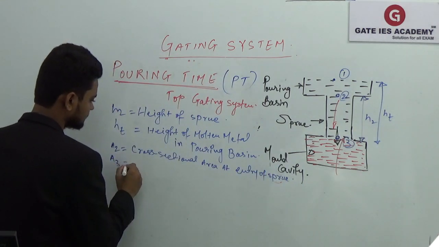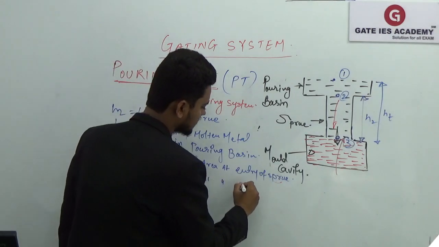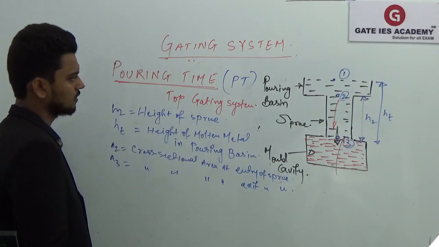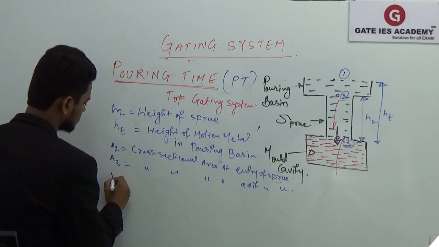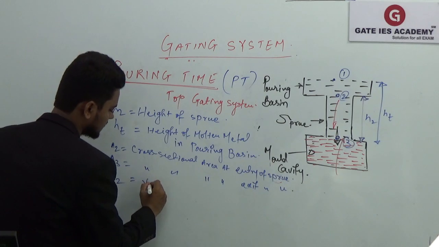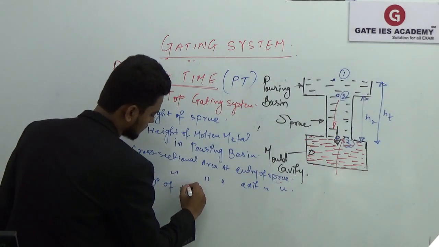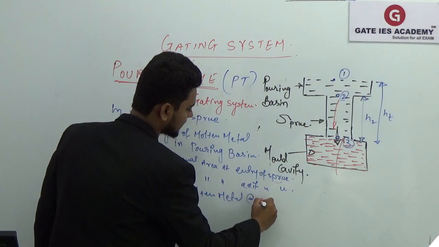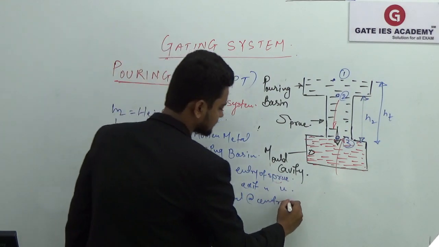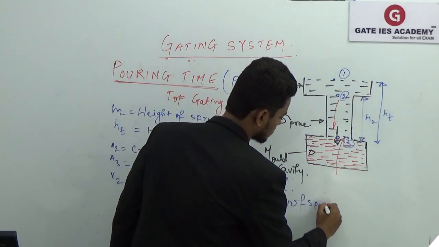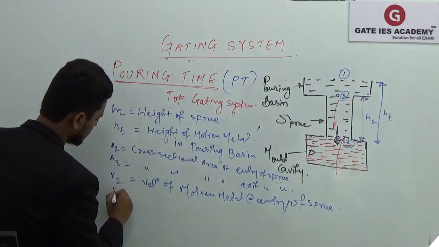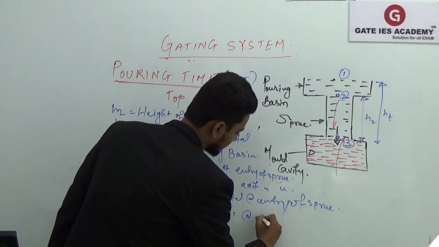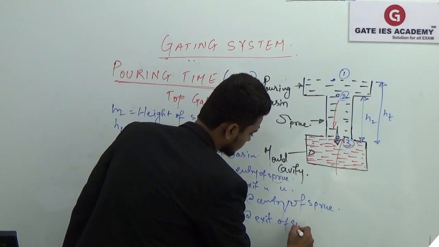A3 is the cross-sectional area at exit of sprue, and say V2 is the velocity of molten metal at entry of sprue, and V3 is the velocity of molten metal at exit of sprue.